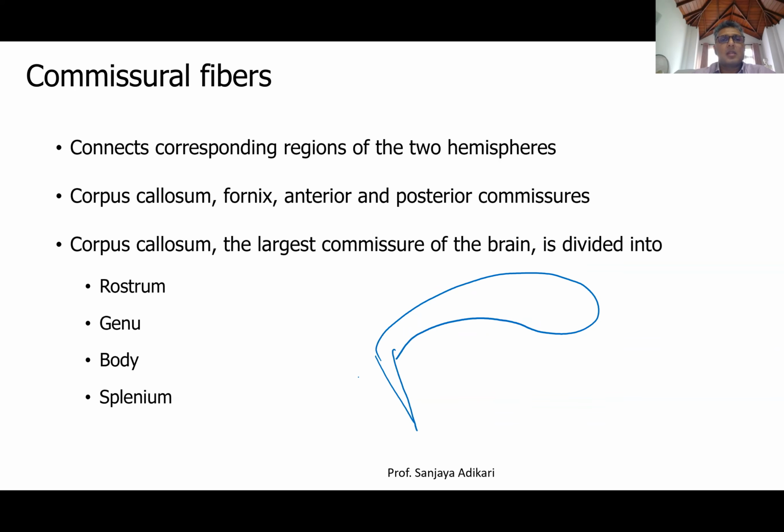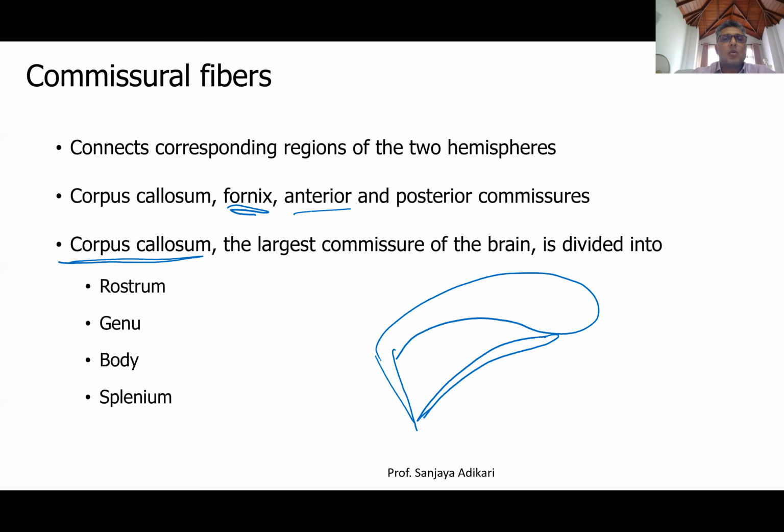Then there's another important commissural fiber tract, something like this. You don't have to draw it here, it's actually related to the corpus callosum like this. This is exactly the placement of it. That is called fornix. That also connects the 2 sides.